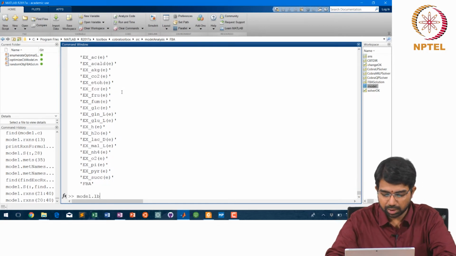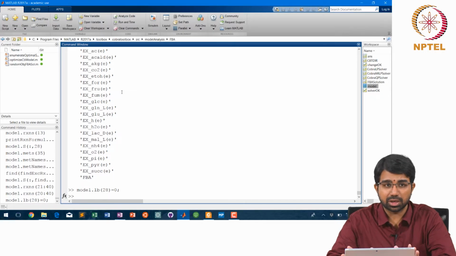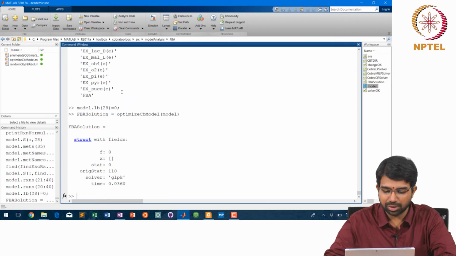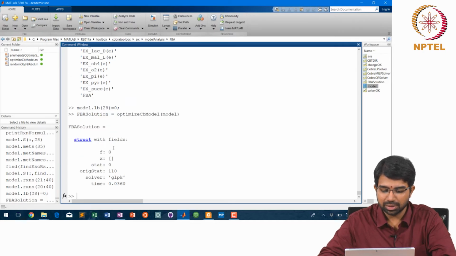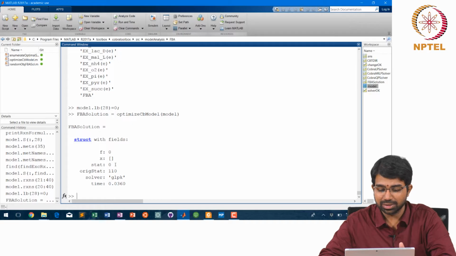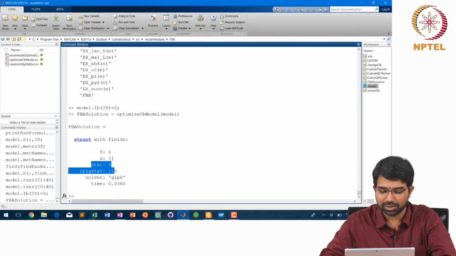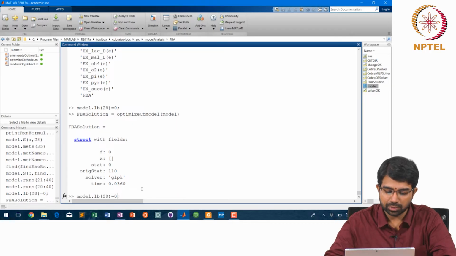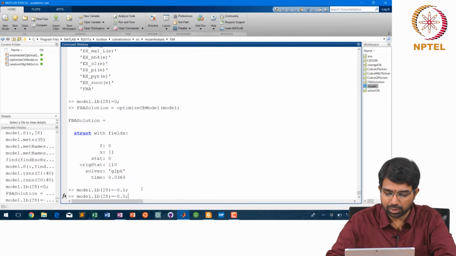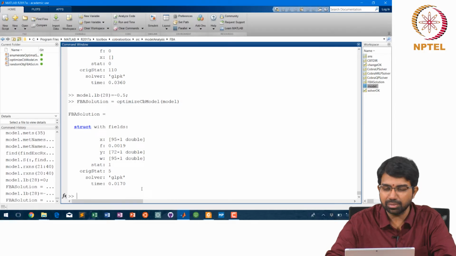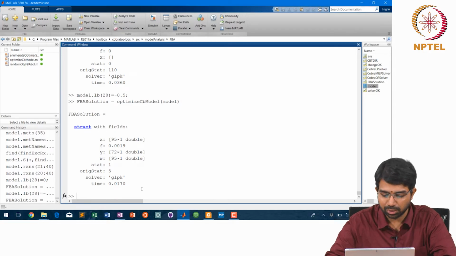So we just say model.lb(28) = 0. This means there are no exchange fluxes now, and obviously you can check that the model does not grow. It's basically inconsistent even, so your status itself is 0, right? There's no glucose, so it does not grow. If you make it a very small amount of glucose, you will find some very slow growth.